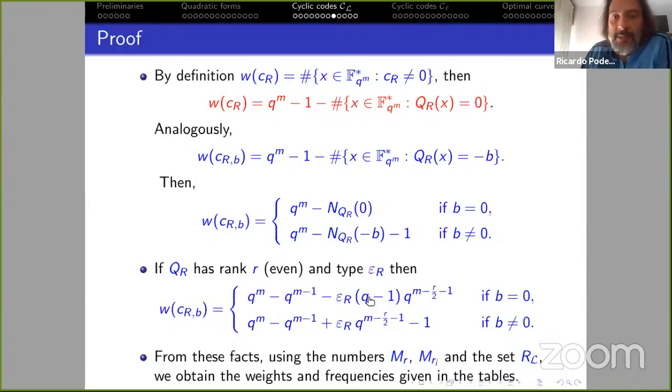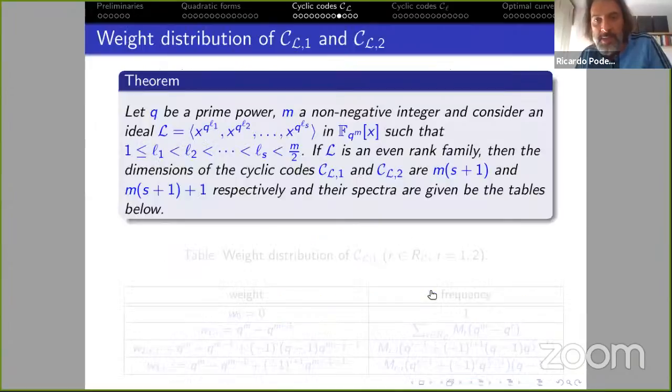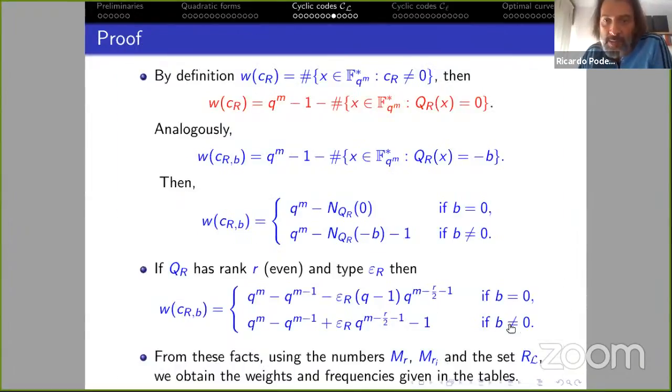The first one is for the first code, C_L, and the second one, when B is different from 0, is for the code C_L0. From these facts, using the numbers M_R, M_Ry, and the set R_L, we obtain the weights and frequencies given in the table.